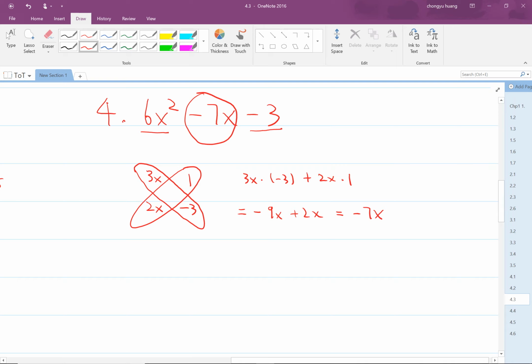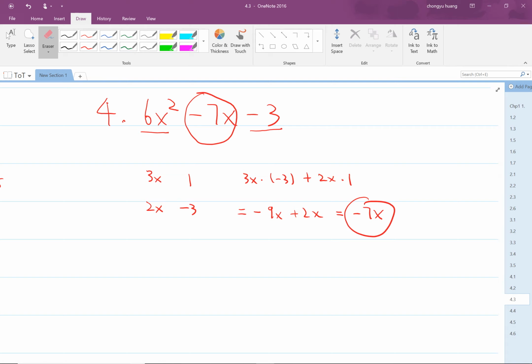So you find it's exactly the same as the middle number. So we actually get the right combination. When you're trying to get the right combination, you always have to think about how to make this work after you do this operation.